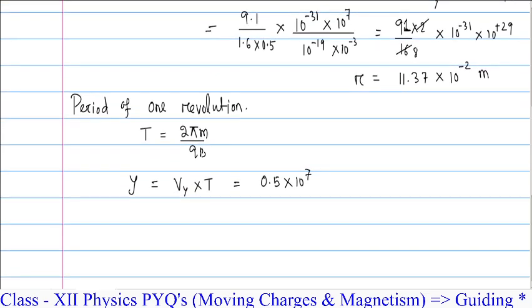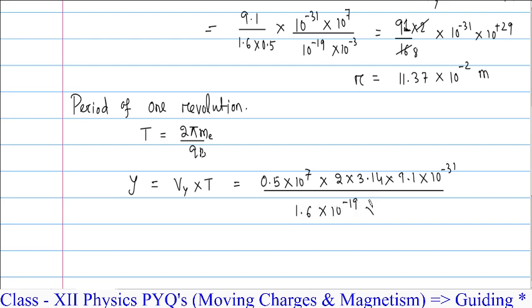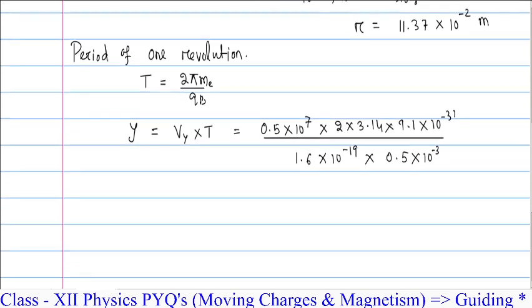Okay, fine. 10 to the power 7 into time period, which is given by 2 pi m upon qB. 2 into pi, the value of pi is 3.14, into the mass of electron, 9.1 into 10 to the power minus 31, divided by the charge of electron, 1.6 into 10 to the power minus 19, into magnetic field 0.5 into 10 to the power minus 3. Okay, so we'll be doing the calculation.